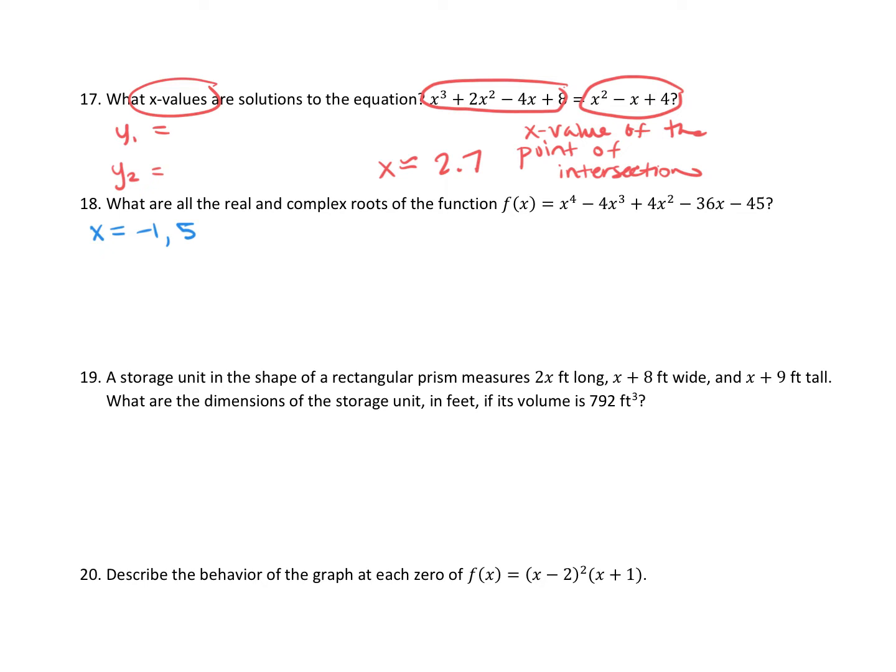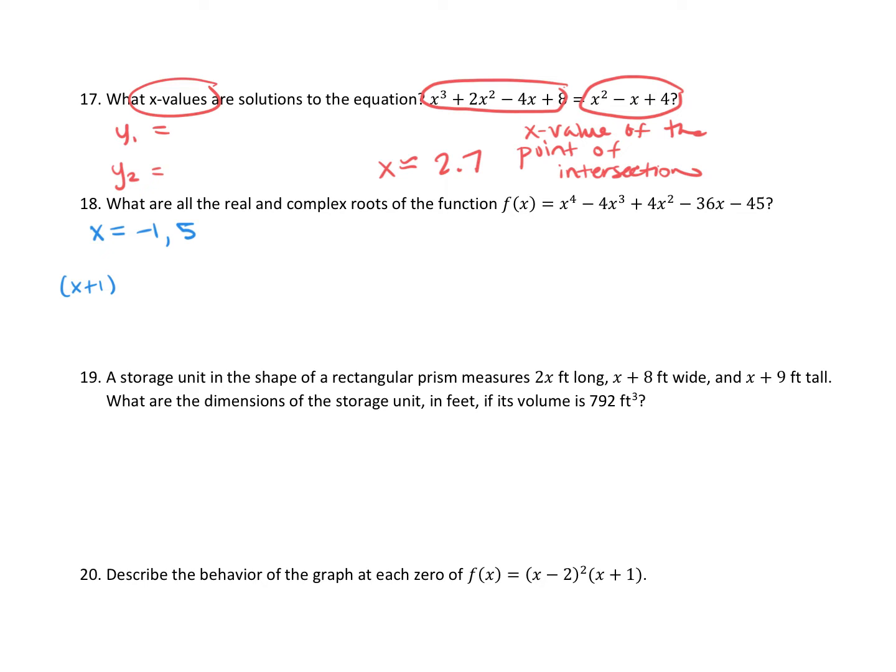So if x equals -1, that means that x plus 1 was a factor, right? That it worked out evenly. So let's take our polynomial and divide it by x plus 1 to get the other factor.